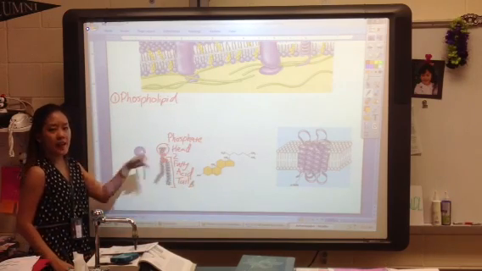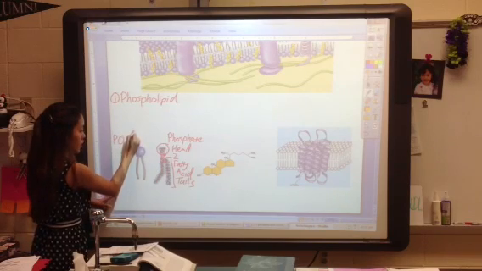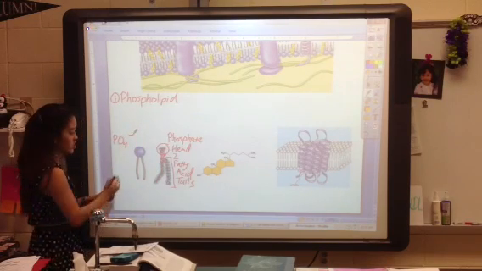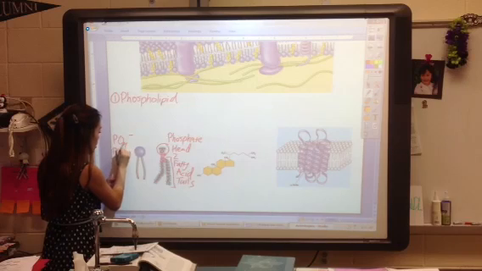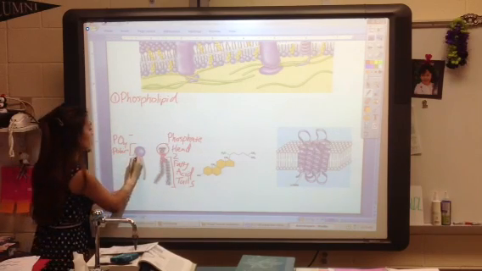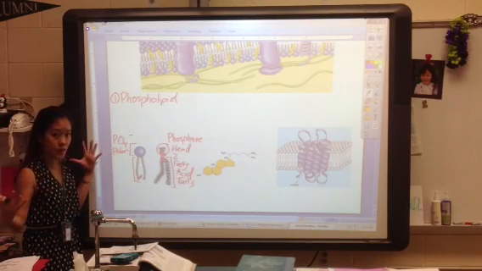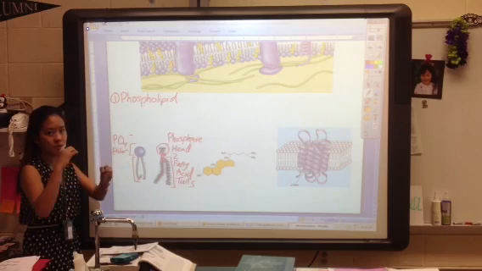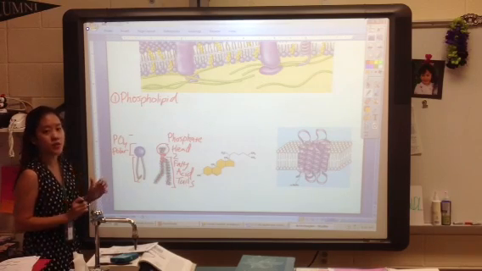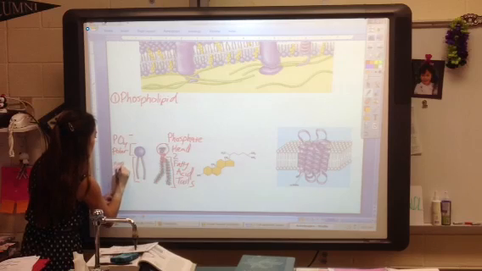Remember, the phosphate head was one of our functional groups. It was that PO4, and it had a negative charge to it, and it was a polar molecule. Whereas on the other hand, our fatty acid tails were a chain of hydrocarbons, carbons either saturated or unsaturated with hydrogen, and these were non-polar.